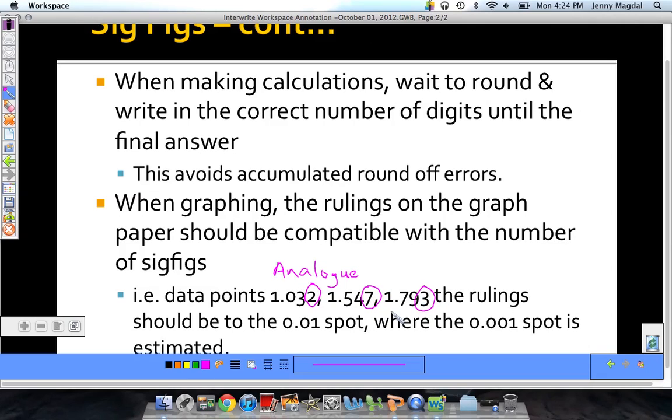So my partner might have gotten 1.794 instead. Okay, so the rulings that I draw out should be to the hundredths spot, and the thousandth spot is where I estimated. So it's going to be not on the line of 0.03, it's going to be slightly above. So just like I saw with my graduated cylinder, my data points are going to be doing the same thing.